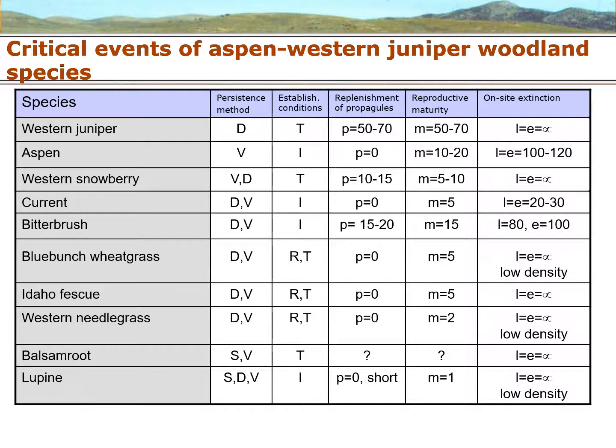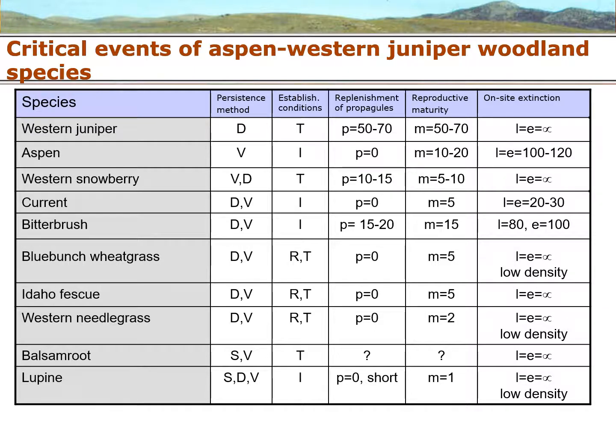Some others that may persist are the grasses, probably some bluebunch wheatgrass, probably some Idaho fescue, even though the shade of the aspen might cause some inconvenience for them. The needlegrass may also persist for a bit, and the other long-lived plants, depending on shade tolerance, would be another good property to have in here.